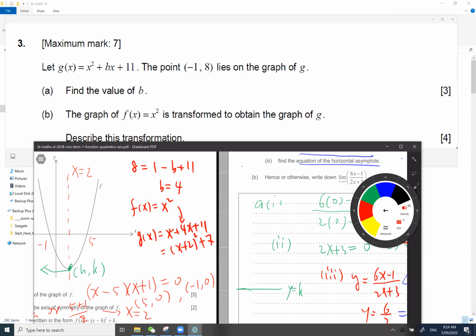Plus 2, the whole thing squared, plus 7. Now we know the translation. You just say translation: to the left by 2, up by 7. Okay? That's how we work out this question.